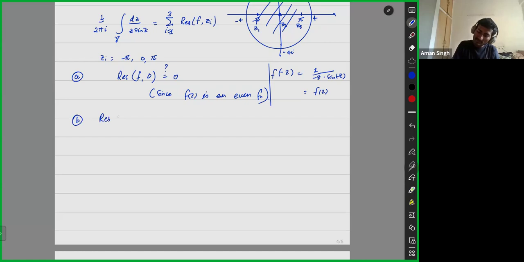The residue of f at pi we will calculate, and for minus pi we can directly write from the calculations. How to calculate this?